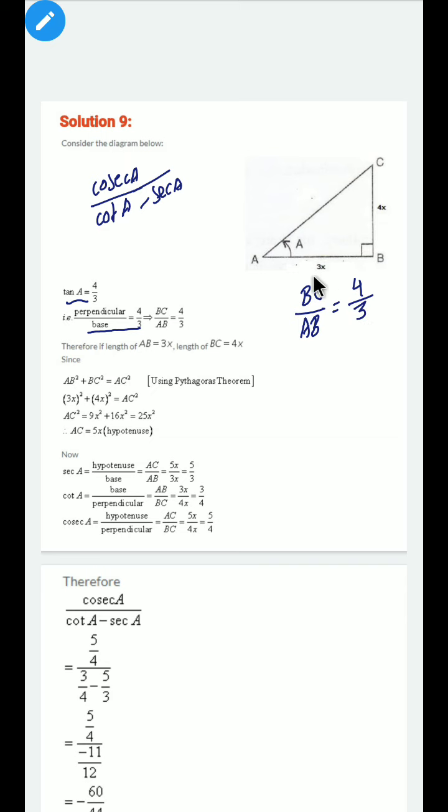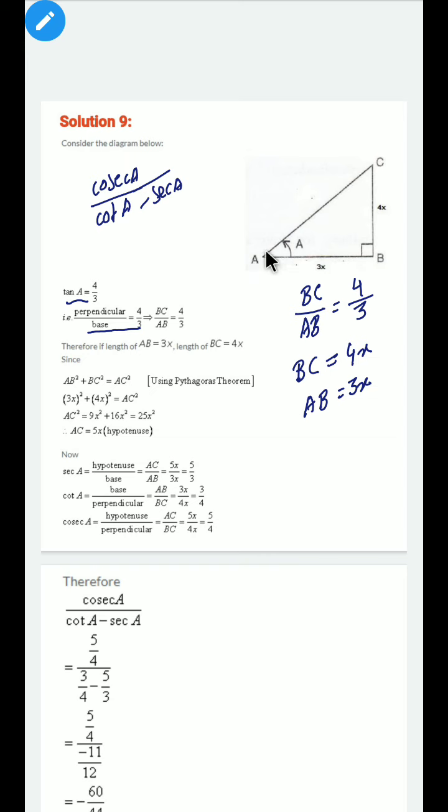From this ratio, how will we go to the actual value? By multiplying x with this ratio. So BC is equal to 4x and AB will be 3x. Now this is 4x and this is 3x, this is perpendicular and this is base.